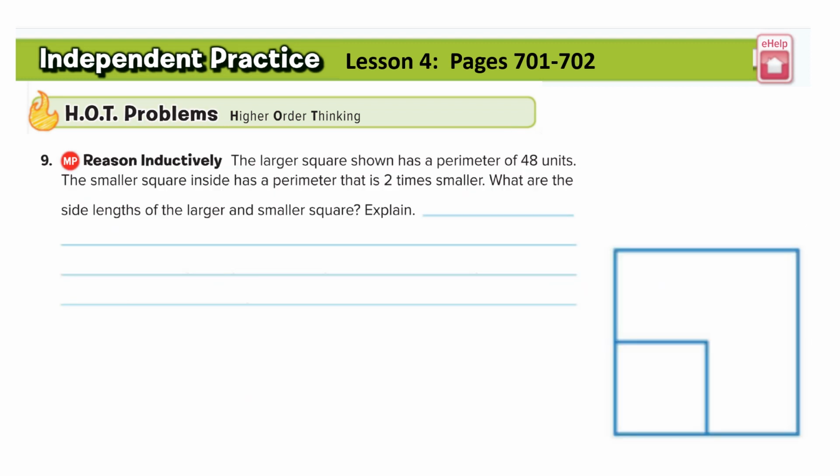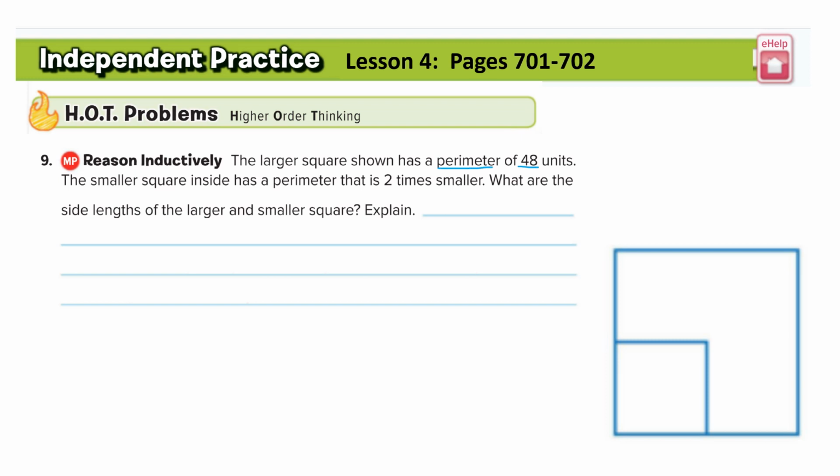Question 9, reason inductively. The larger square shown has a perimeter of 48 units. The smaller square inside has a perimeter that is 2 times smaller. What are the side lengths of the larger and smaller square? Well, the one thing we know about squares is that all the sides are the same length, okay? So the big square has a perimeter of 48.